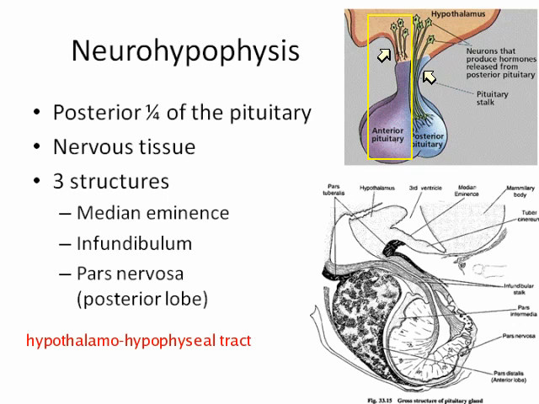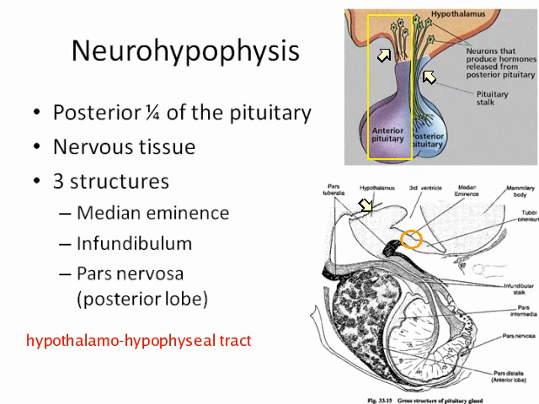But what you are basically looking at here is this area right in here. Of course, you've got your hypothalamus right here. Third ventricle is in there, and then you have your median eminence.